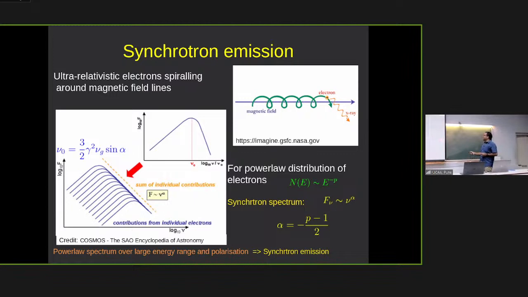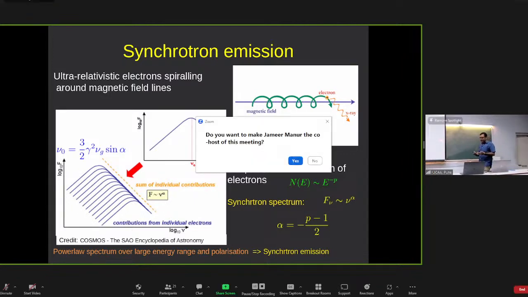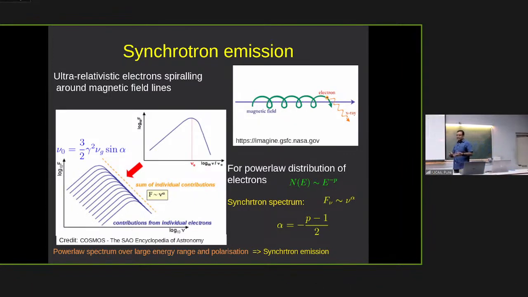In fact, by observing with a telescope the synchrotron spectrum, even in radio or other wavelengths, if we have a power law spectrum, we measure that index, and then we can say something about the energy distribution of these particles.